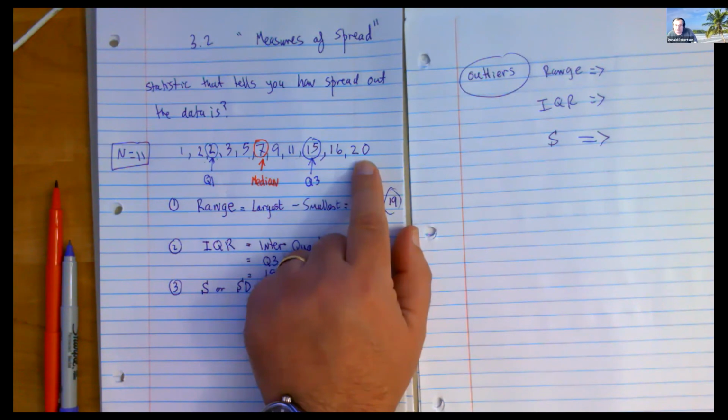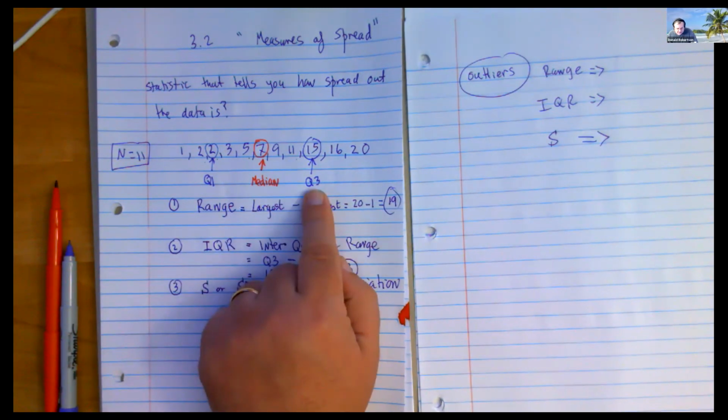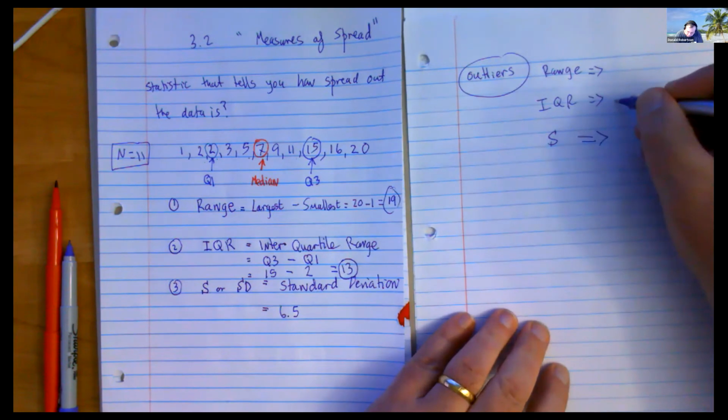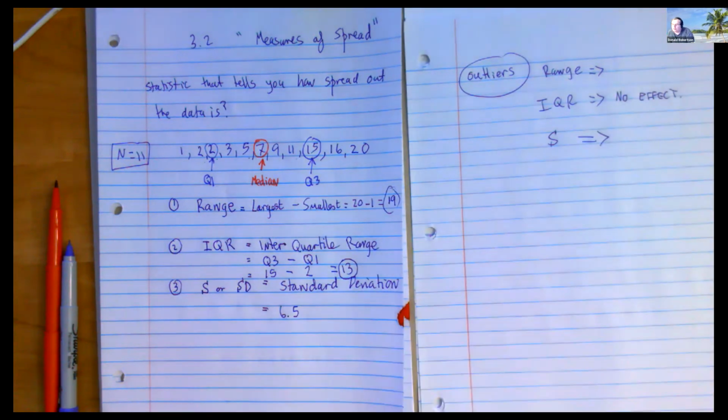It was 200. Would the interquartile range be changed at all? Wouldn't Q1 still be 2? Wouldn't Q3 still be 15? That number turning into 2 million or 200 or 200,000 has no effect. So interquartile range has no effect.